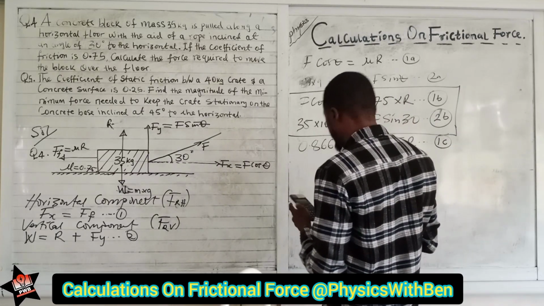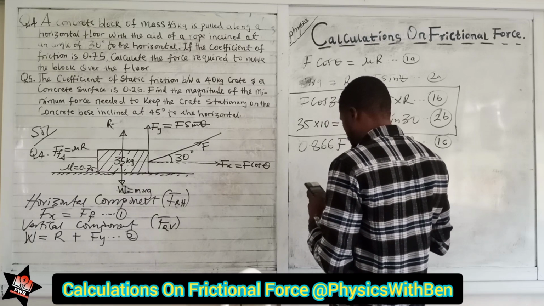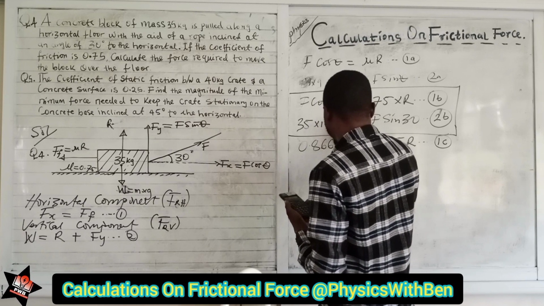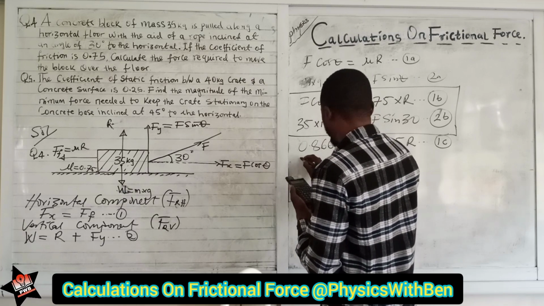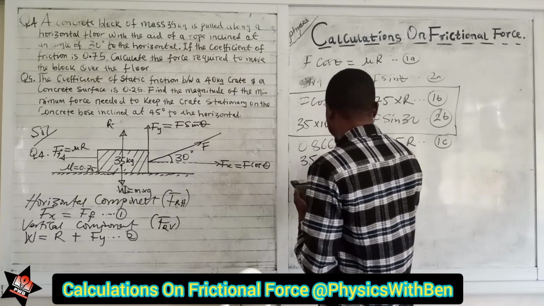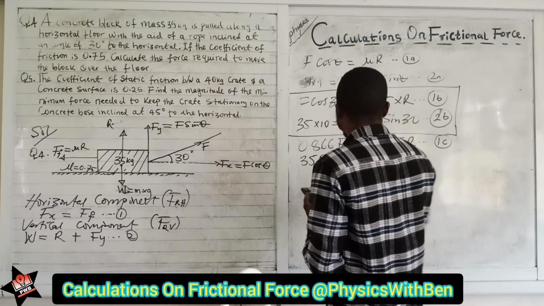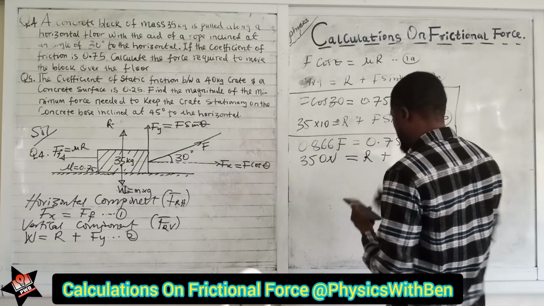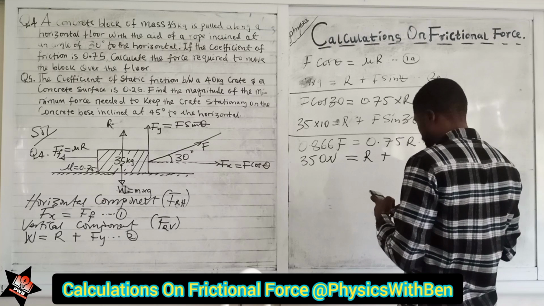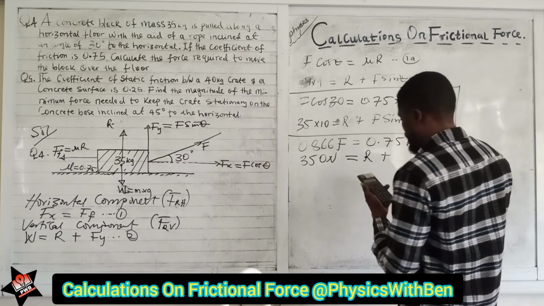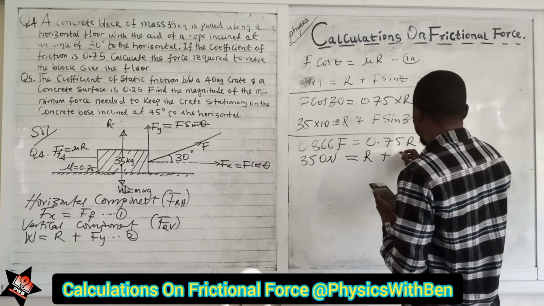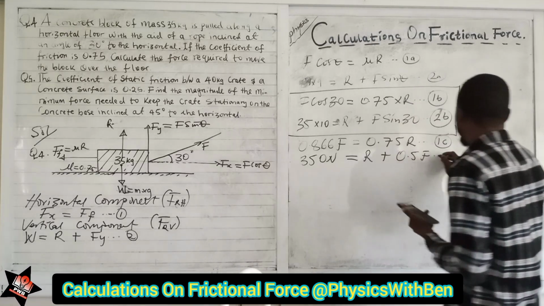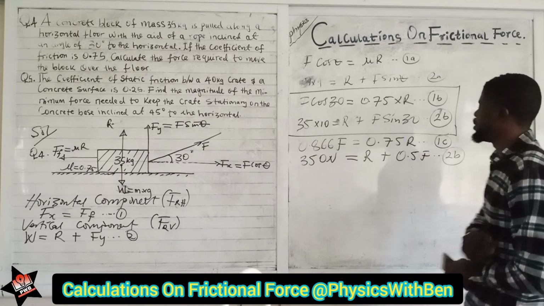Still here we have 35 times 10, which is 350 Newtons, equal to R plus sine 30. Sine 30 will give us 0.5 F. Call this equation 2b.